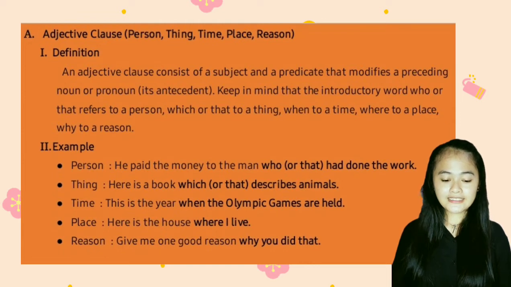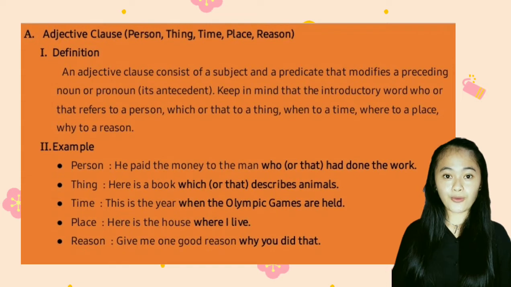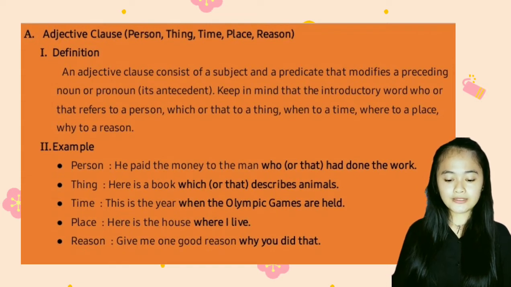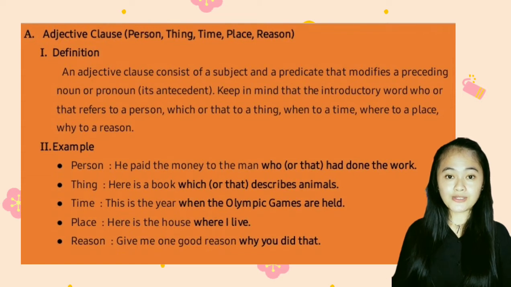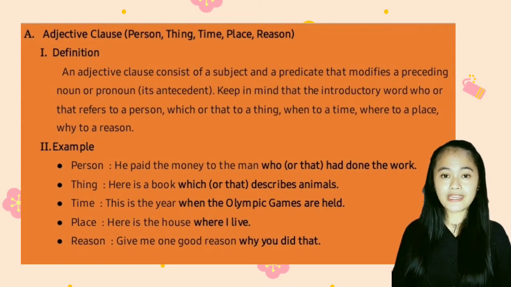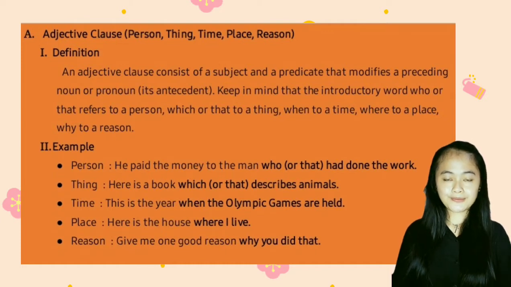And then a time. The introductory word is when. For example, this is the year when the Olympic Games are held. This is the year is the main clause and when the Olympic Games are held is the adjective clause.